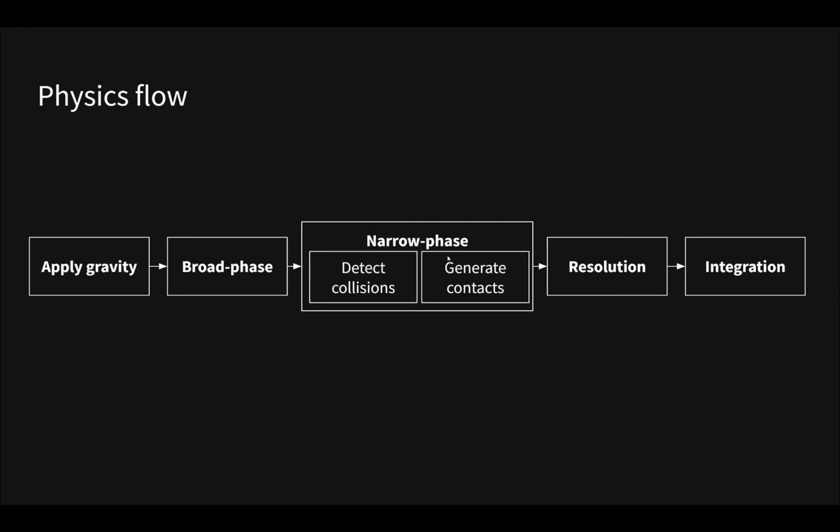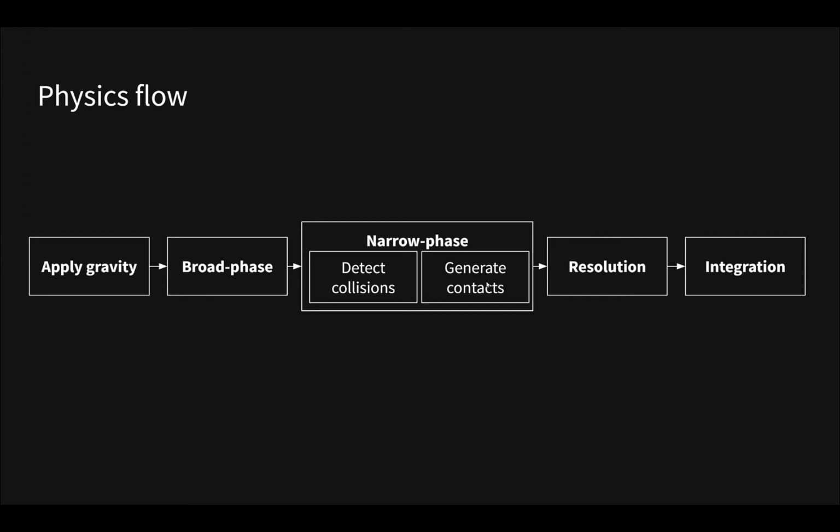Right. So for the narrow phase, at this point we have found the objects that are near each other. Now we come to the actual collision detection, and I've split this narrow phase up into two parts. One is to detect collisions, check if they're actually colliding, and the other is to generate contact points, and this will be important when we go to the resolution step.